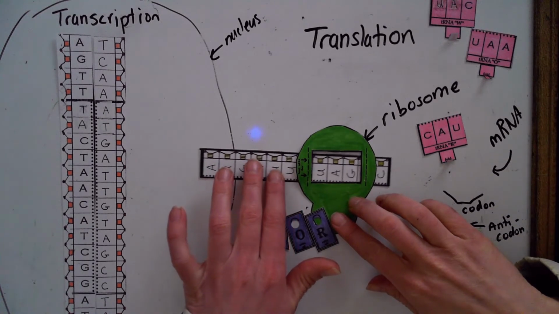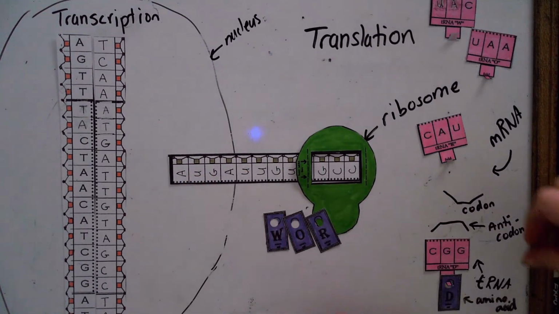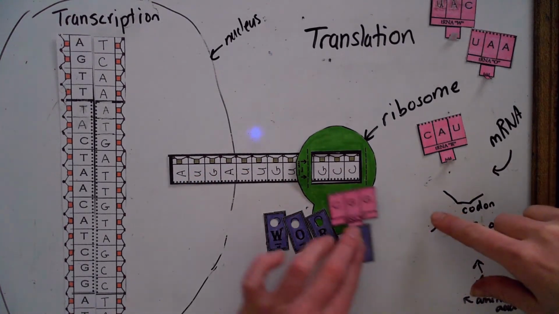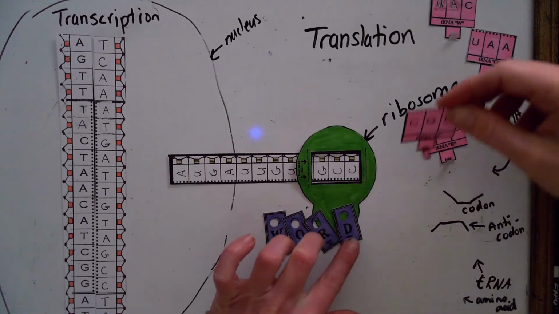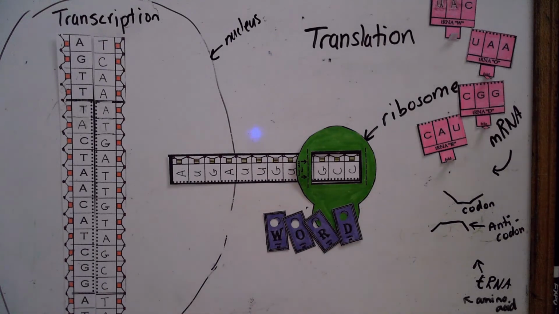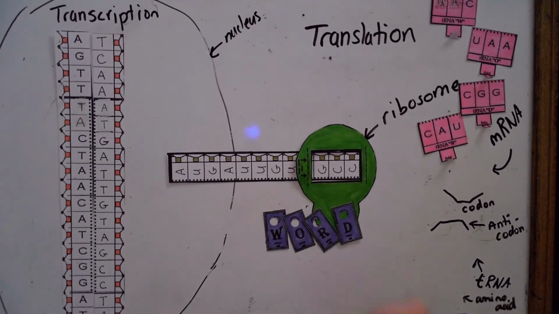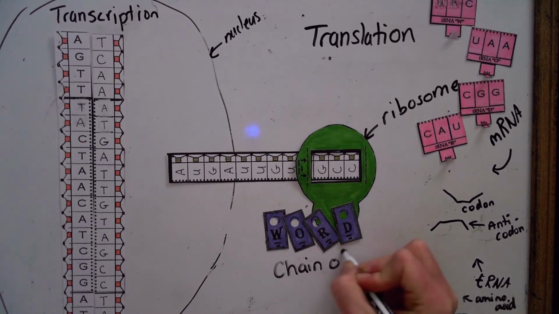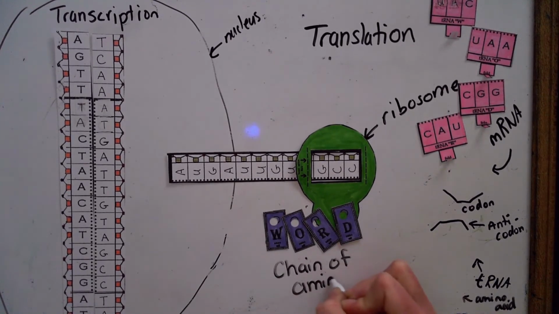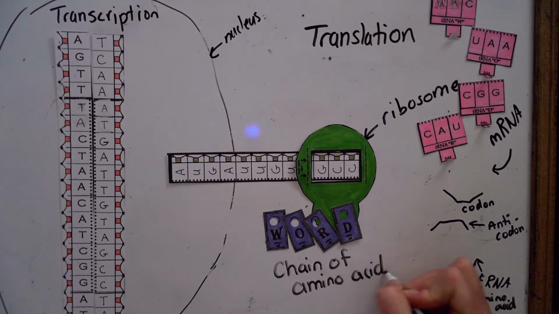Finally, we slide to the last codon. We find the matching anticodon and drop off the last amino acid. So we now have a chain of amino acids that we call a polypeptide.